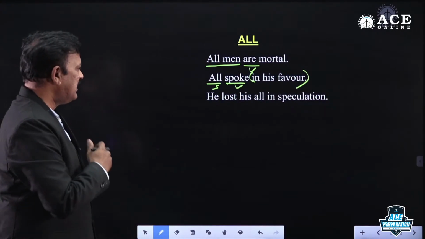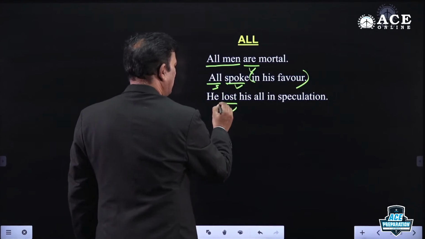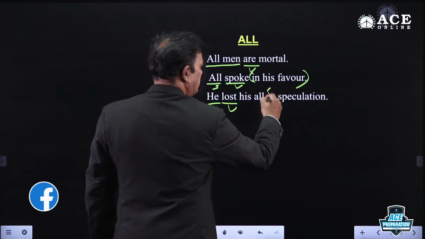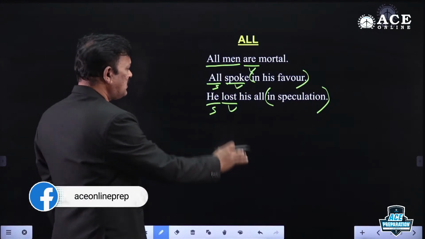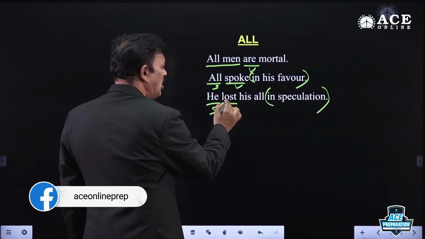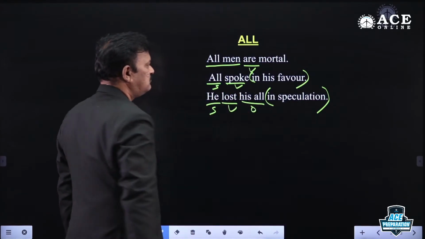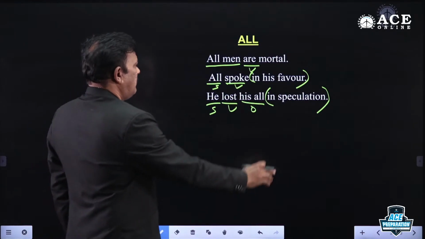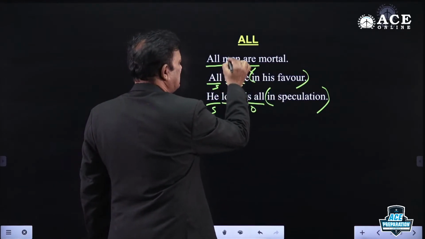Close. He lost his all in speculation. Where is the verb? Where is the subject? Oh, there is one. Prepositional group, phrase. I have to put a question to this word. Lost what? Got it? Now, this is a noun group or noun phrase.